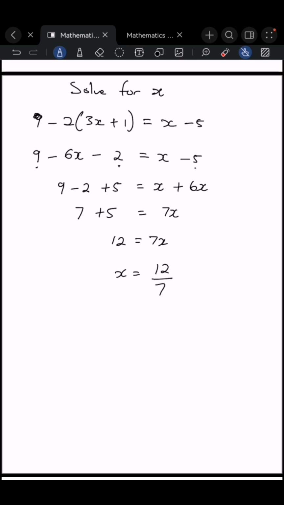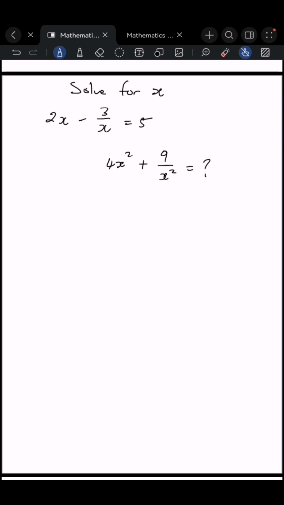This is the solution. Okay, here's another question, solve for x. It says if 2x minus 3 over x is equal to 5, then 4x squared plus 9 over x squared is equal to what? Okay, straightforward. We'll start by solving for x. 2x minus 3 over x is equal to 5.